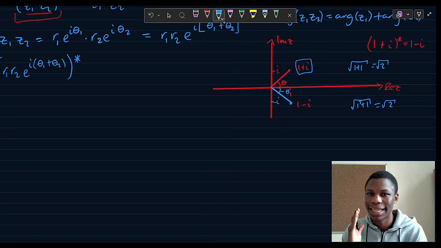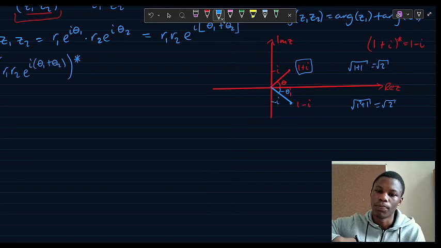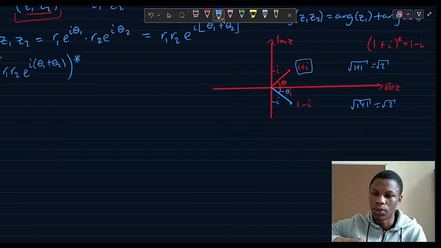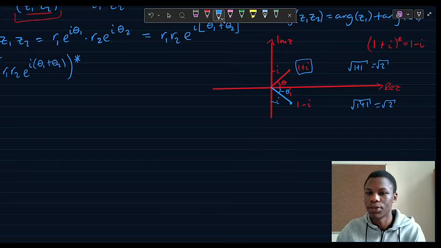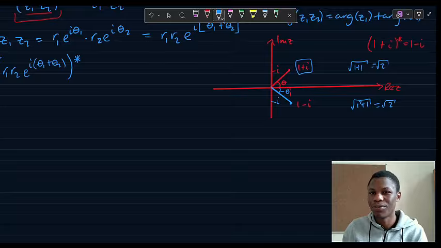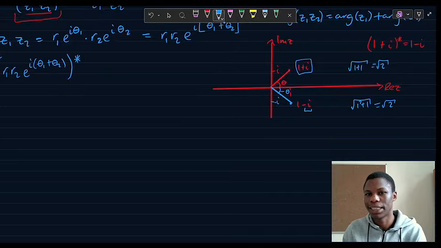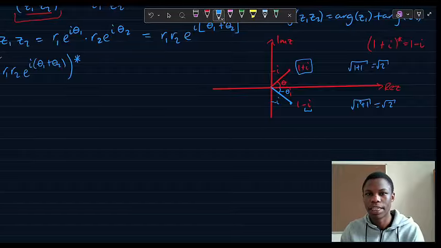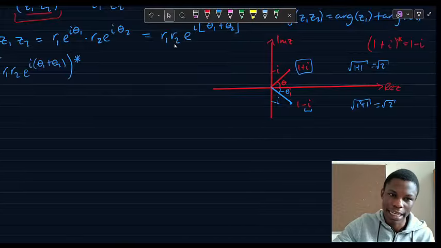The only thing that changes when you find your complex conjugate is the argument, or if you have it in Cartesian form, then the imaginary part is what changes. But if you're looking at it in Euler form or polar form, then what changes is your argument. Your argument becomes negative.